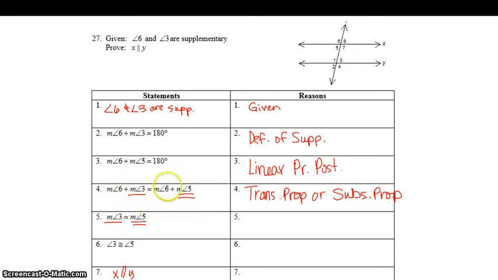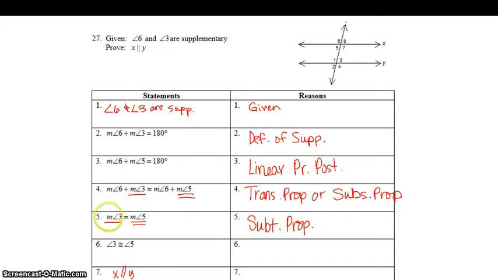So they got rid of angle 6 to get to step 5. So what's that called when you get rid of something on both sides? That's the subtraction property. They subtracted the measure of angle 6 from both sides. Now they didn't add an extra step in here and say the measure of angle 6 equals the measure of angle 6 for reflexive. So they may just jump without that piece.